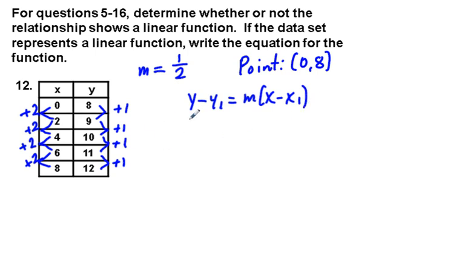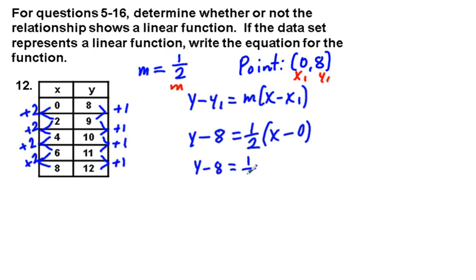So we will say m is 1/2, x1 is 0, y1 is 8. Just plugging these in, we have y minus y1, which is 8, equals m, which we have determined to be 1/2, times x minus x1, which is 0, which simplifies to y minus 8 equals 1/2 x.